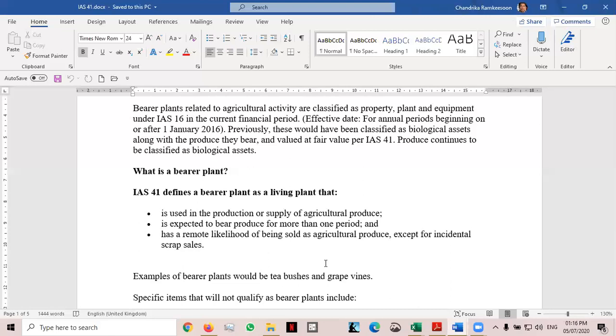Because again, it is being assumed here that the plant was grown in order to produce something. So the plant itself has a very remote likelihood of being sold as agricultural produce, except for incidental scrap sales.